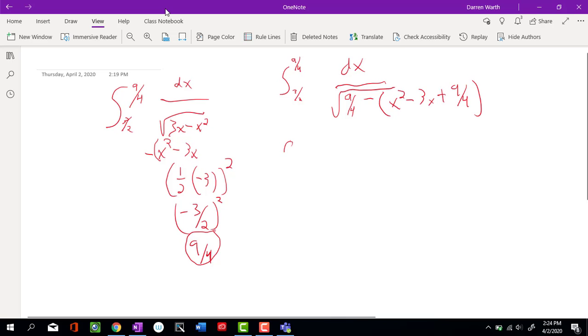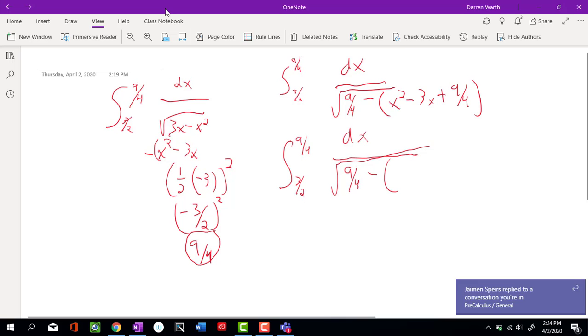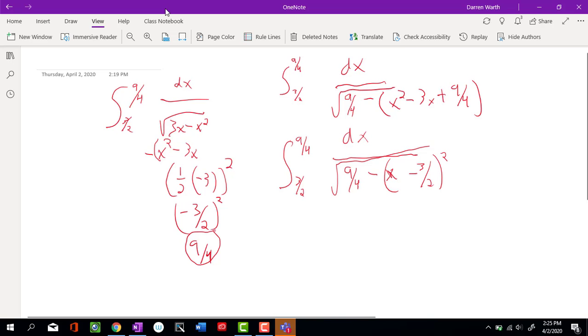So now I've got my integral from 9/4 to 3/2, with dx, all over the square root of 9/4 minus, and I'm going to factor that. x squared minus 3x plus 9/4 factors to x minus 3/2 squared.